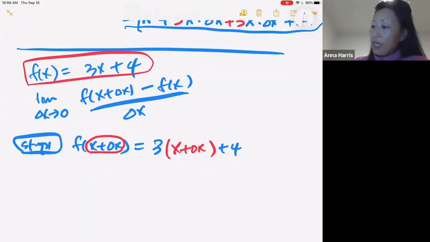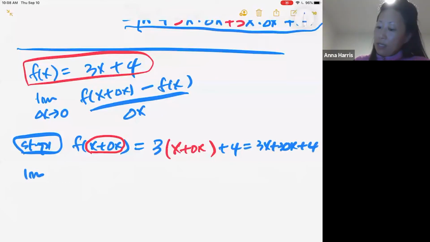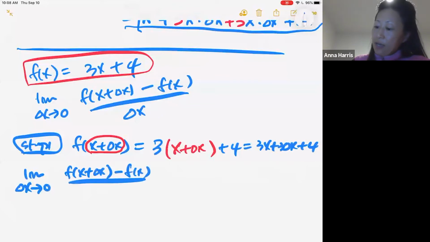Step 3, so we're going to put that in. This is the same as, I'm going to just rewrite this one, 3x plus 3 delta x plus 4. So let's do our limit. That means f of x plus delta x minus f of x, everything over delta x is the same as the limit.